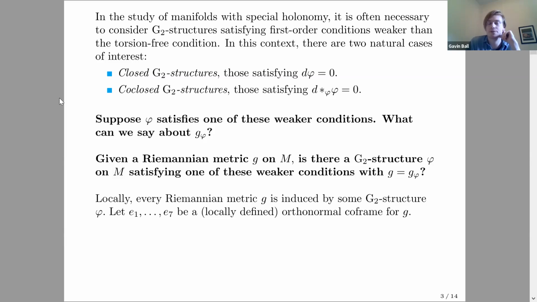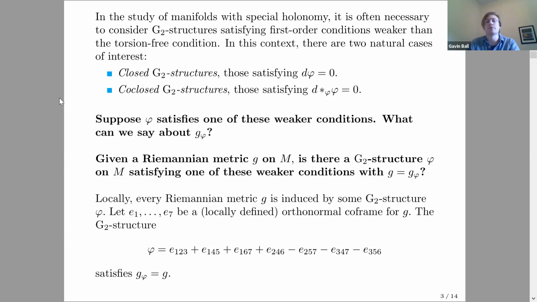The argument goes like this. If I have my metric and I consider a locally defined orthonormal coframe for that metric, then the standard G2 structure written in terms of this coframe is just going to induce that metric. But there's no guarantee that this G2 structure is going to be closed or co-closed.